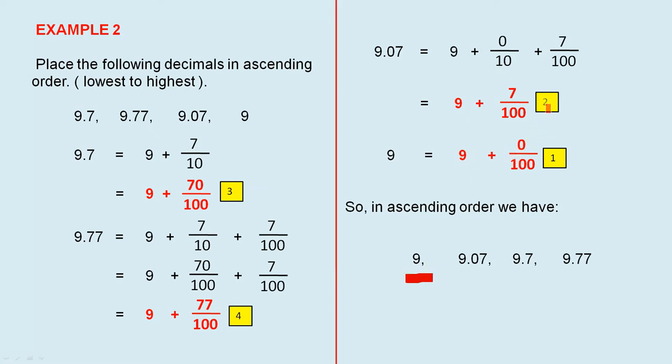The next lowest is 9 plus 7 on 100, so 9.07 is next. The third one, going from lowest to highest, is 9 plus 70 over 100, which is 9.7. And the largest number, the fourth one, is 9 plus 77 on 100, which is 9.77. So they are going from lowest to highest.